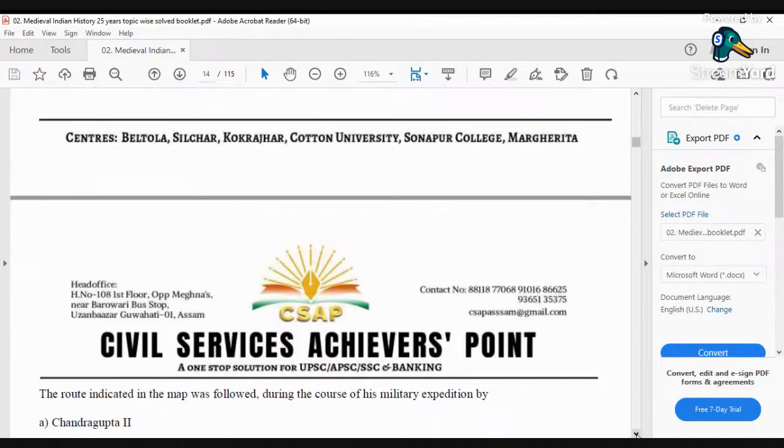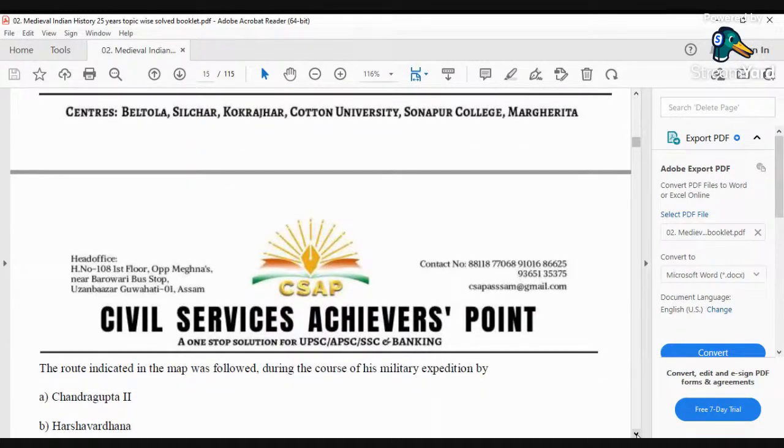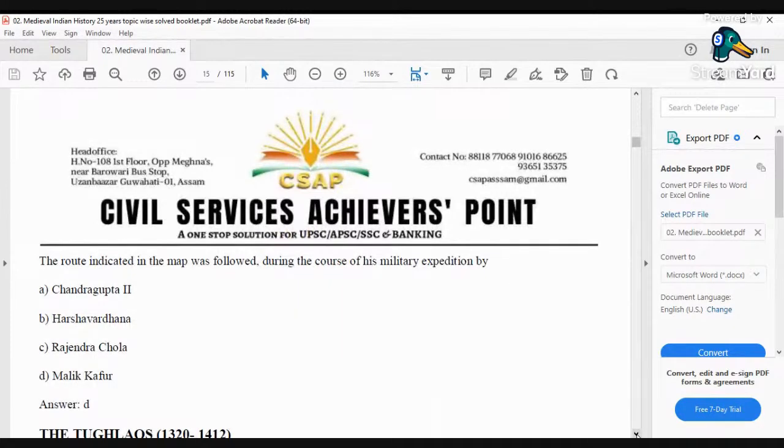So see, it cannot be Chandragupta the second or Chandragupta Vikramaditya, because we know for a fact that he did not come all the way till deep south, although he was a very important ruler. In fact, he is considered to be the most important ruler of the Gupta dynasty, but he did not come all the way till deep south.